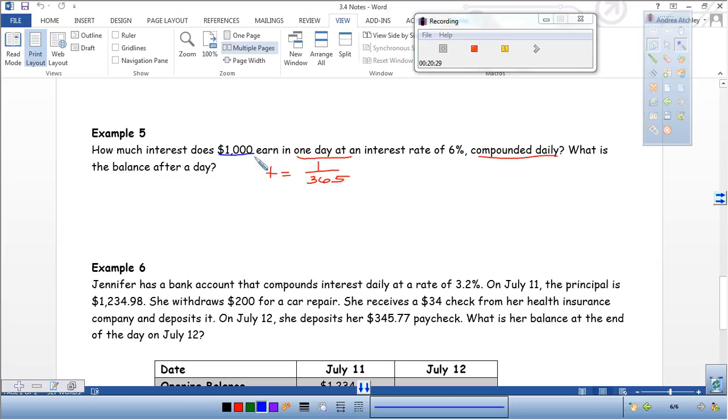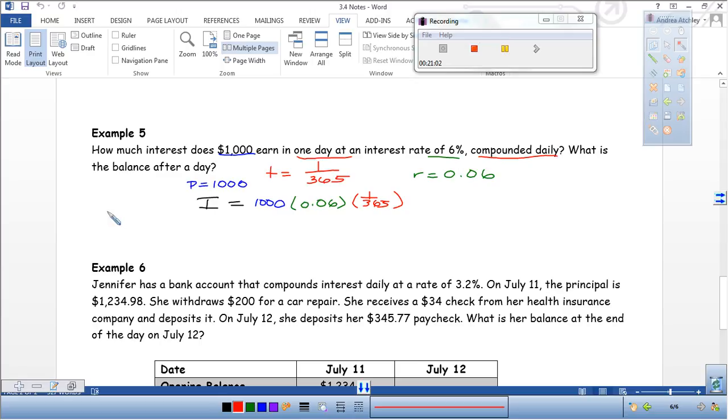We have our principal again, which is 1,000, and our rate, which is 0.06. We plug this into our interest: the principal, 1,000, times 0.06, and then times 1 over 365, because we're compounding only for 1 day.